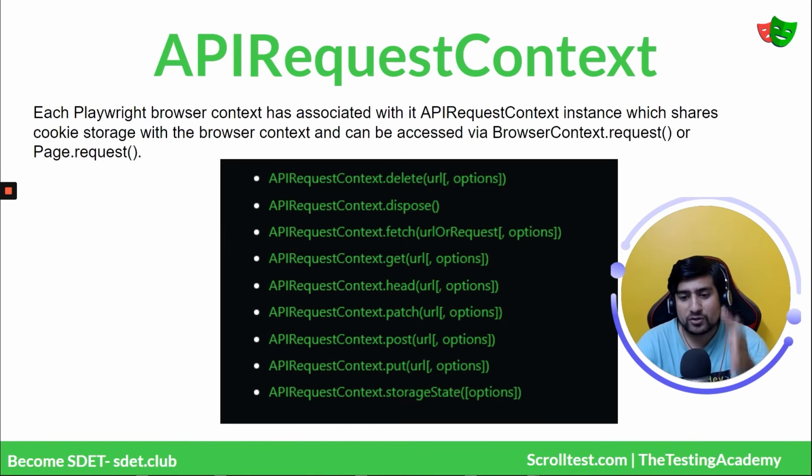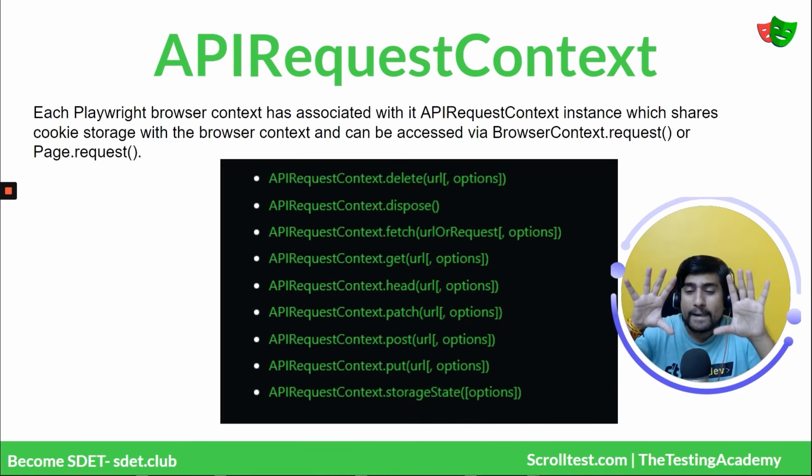I explained browser context in the previous video: you can consider it as a window where Playwright has certain functions to communicate directly with the browsers, and if you open a different context, they are two separate ones. This context also has an API request context, where you can create the different HTTP methods like get call, put call, patch call, and delete call.